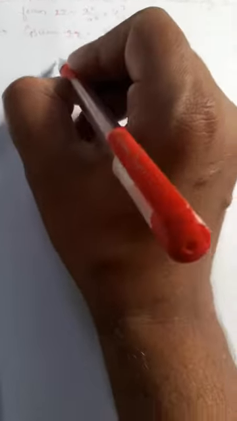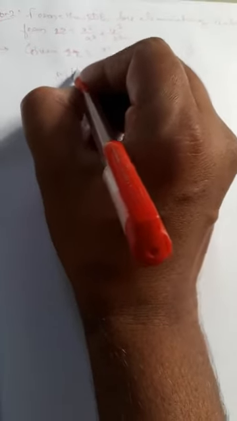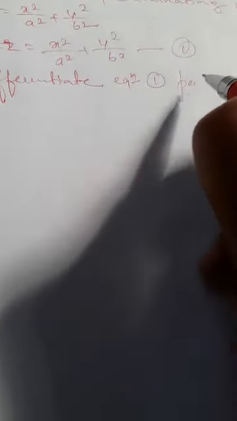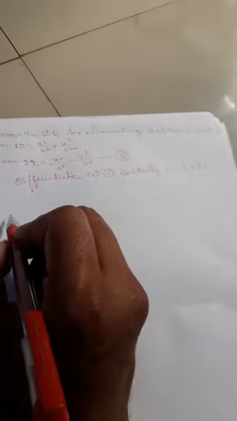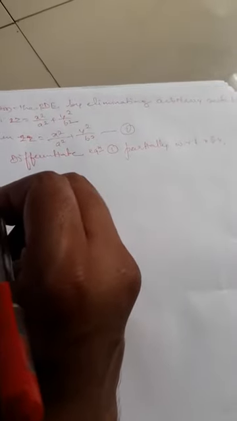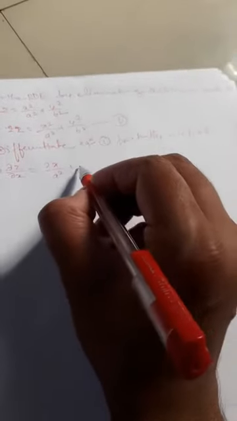Here also we differentiate equation number 1 partially with respect to x and y, we get 2 dou z by dou x equal to 2x by a square, and the other term is 0.